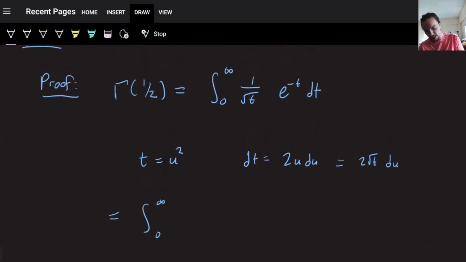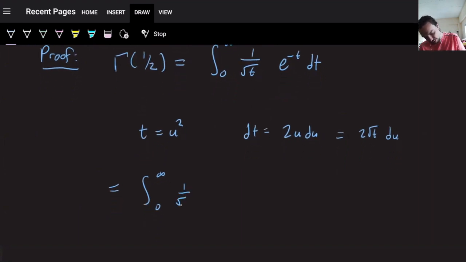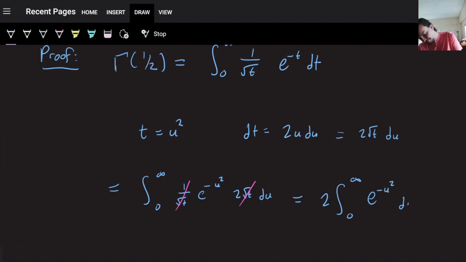When I plug in dt equals 2u du, I get 1 over square root of t e to the minus u squared, times 2 square root of t du, and then of course these guys are going to cancel out. Okay, so with that I get that this is equal to 2 times the integral from 0 to infinity of e to the minus u squared du.